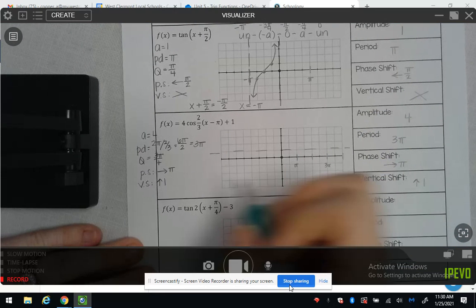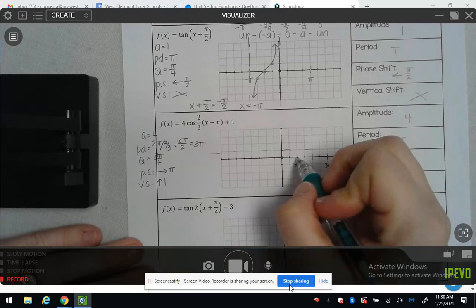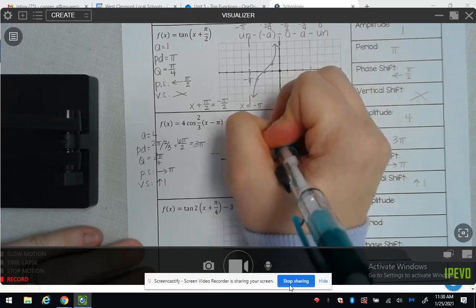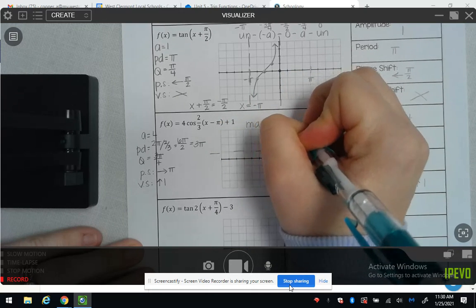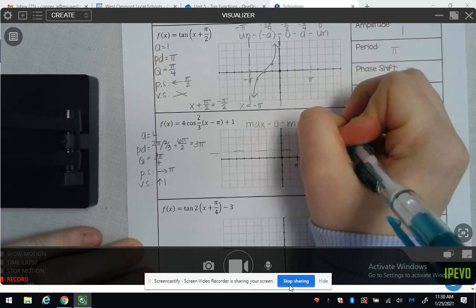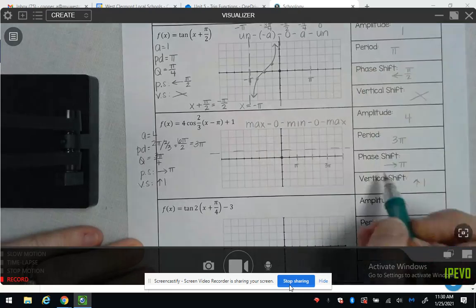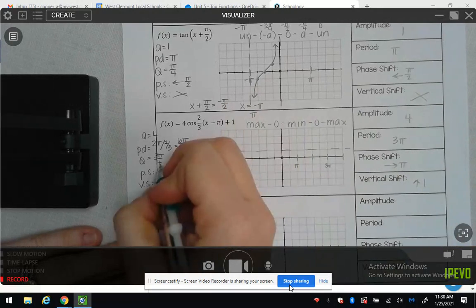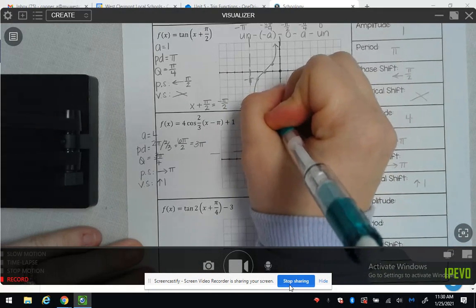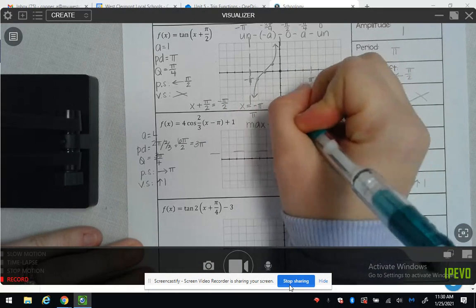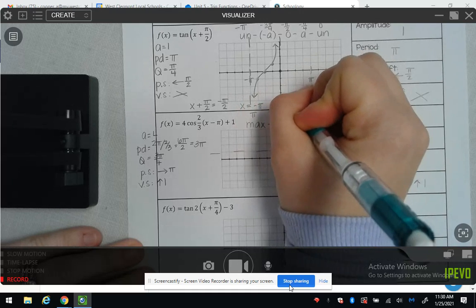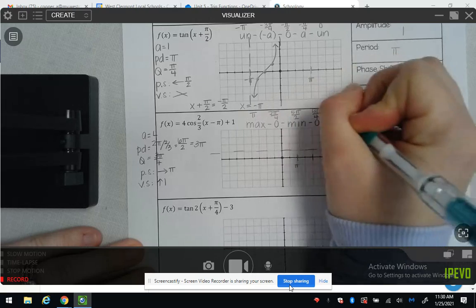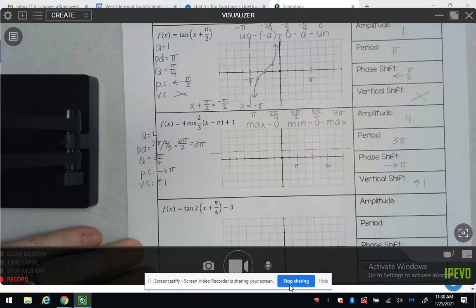Now, a phase shift of right pi means, if I need my cheat, so max, 0, min, 0, max, that's where I start now. I'm going to start at pi, and I'm going to add my quad. So this is 7 pi over 4, then 10 pi over 4, which is 5 pi over 2, 13 pi over 4, and 16 pi over 4, which is 4 pi.